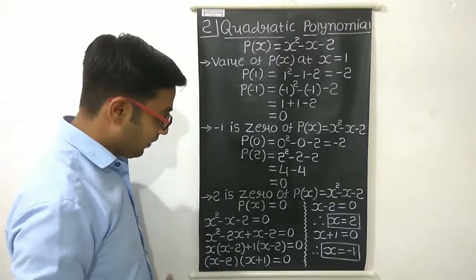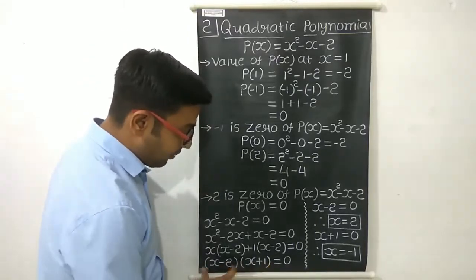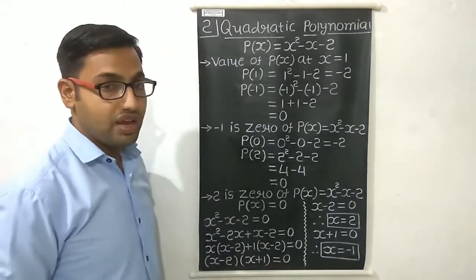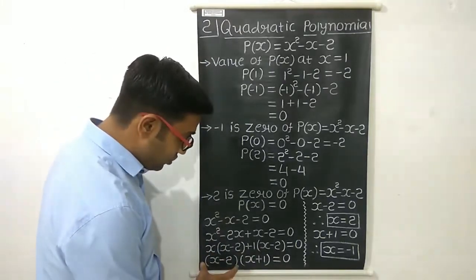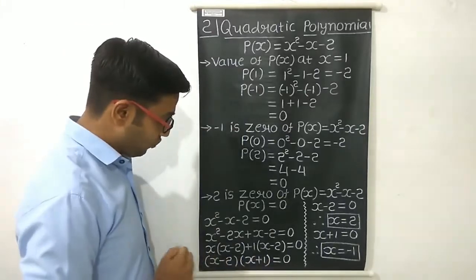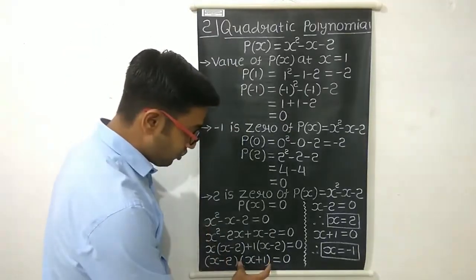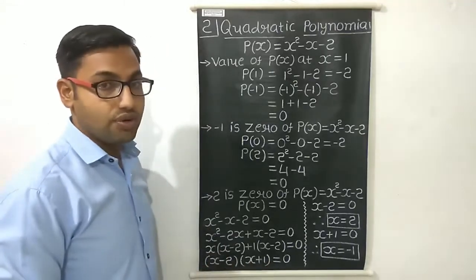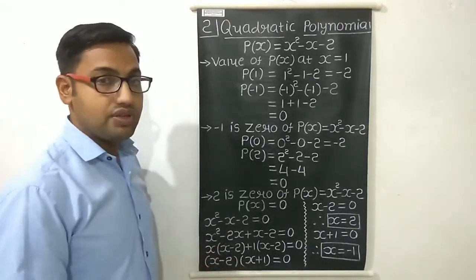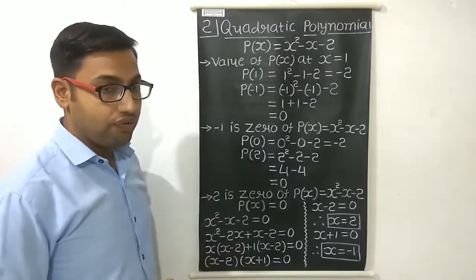These 2 terms are in multiplication and their multiplication is equal to 0. This means out of these 2 terms, 1 must be 0, right? We don't know whether this portion is 0 or this portion is 0, so we will compare both the terms one by one with 0 and find the value of x.